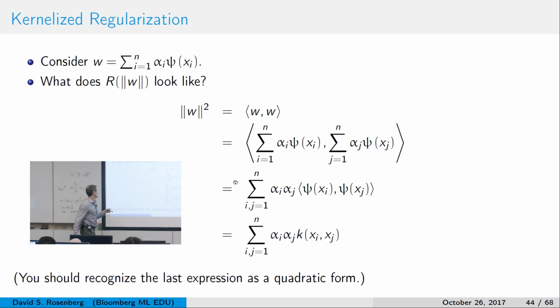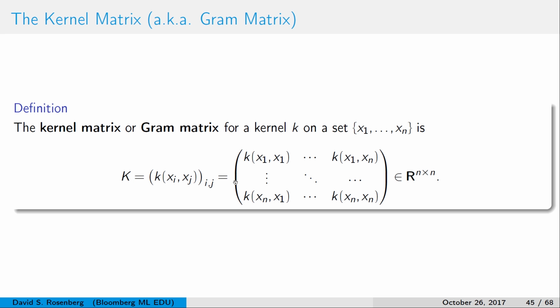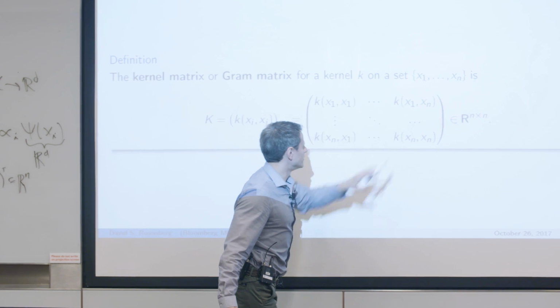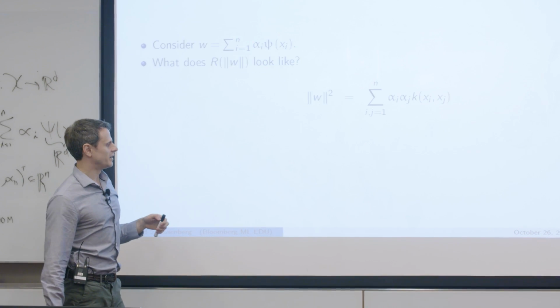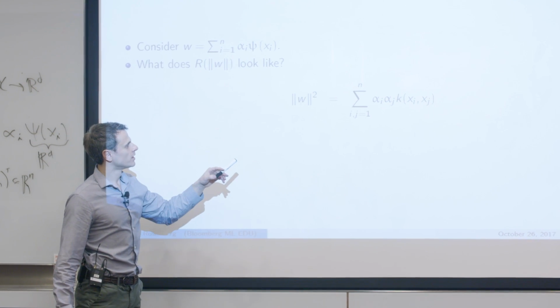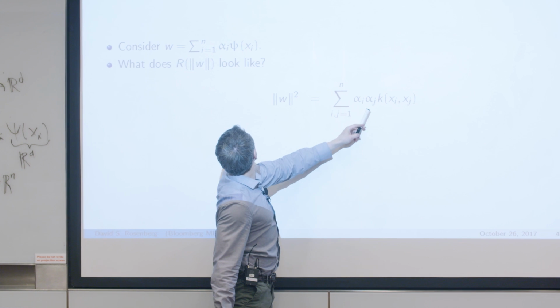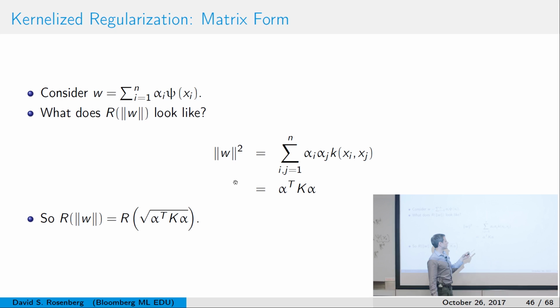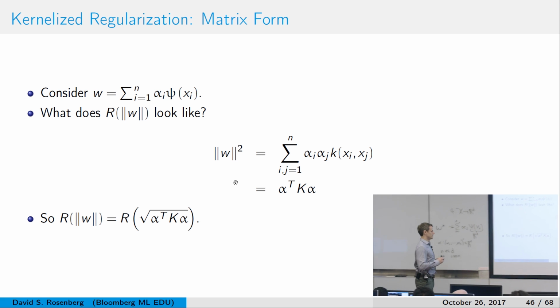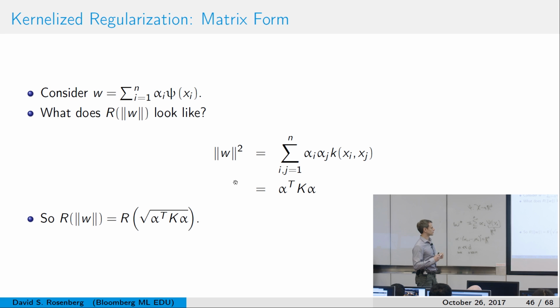We define the kernel matrix K, as we did earlier, as having all the kernel evaluations between all pairs of i and j. So now we can substitute the kernel matrix at ij. And if you don't immediately recognize it, you can work out pretty directly that this sum over ij is exactly this quadratic form in matrix notation, where K is the kernel matrix.